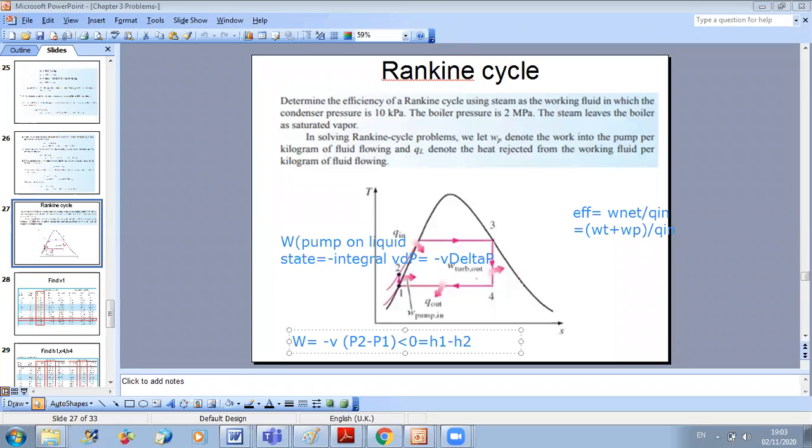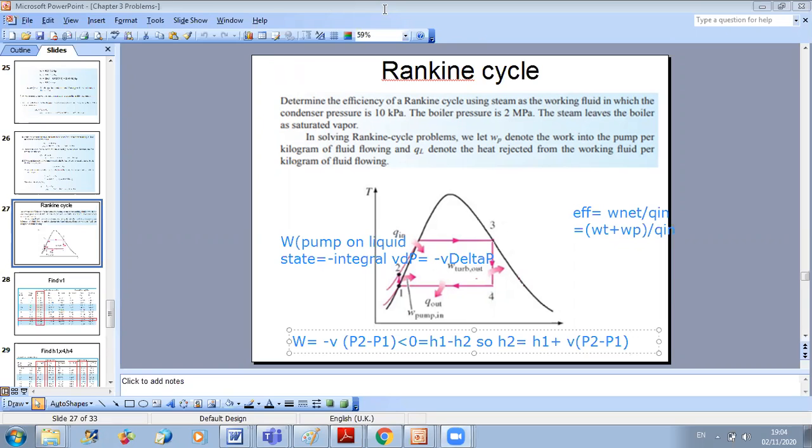So in case you need H2, you can find it using the following strategy. H2 is simply equal to H1 plus V, which is the specific volume of the liquid, times P2 minus P1. So always when you have a liquid, use the following formulation, because as I told you, in compressed tables, you don't always find your data if you don't have very high pressure.